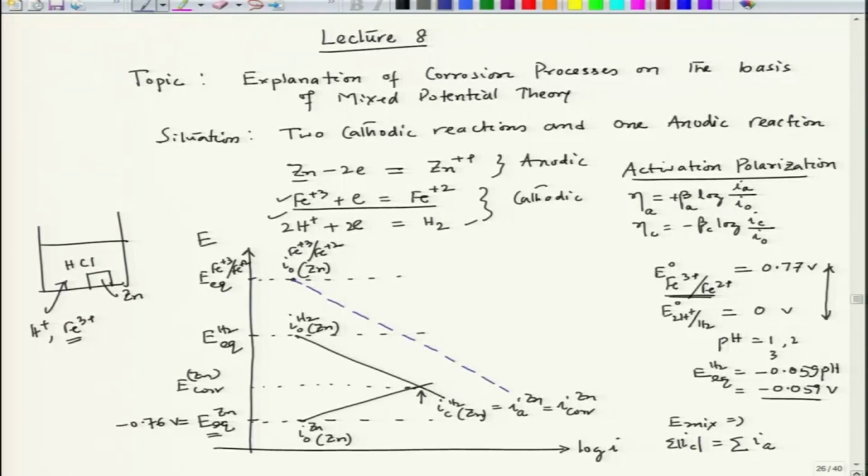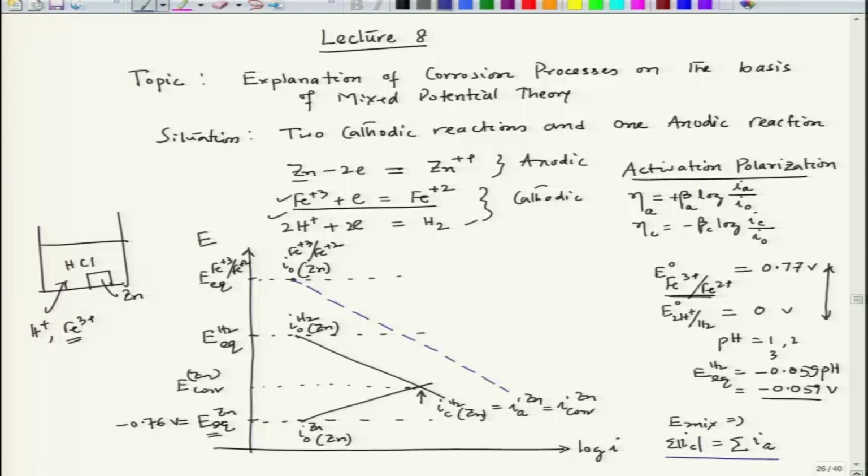Now, we have to maintain this particular criteria, which suggests that whenever a particular polarization line, for example, here the cathodic polarization, the blue line, is the cathodic polarization line for Fe plus 3 to Fe plus 2.